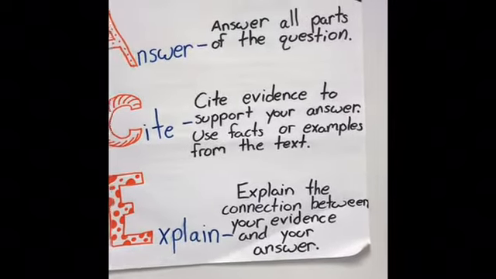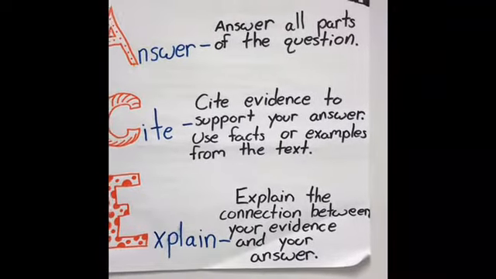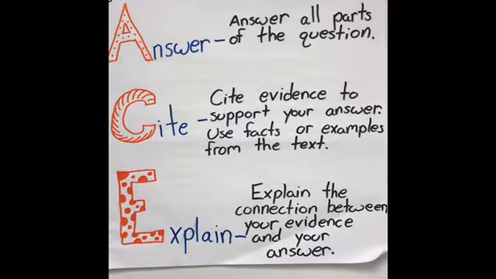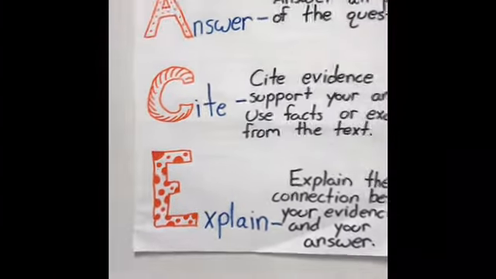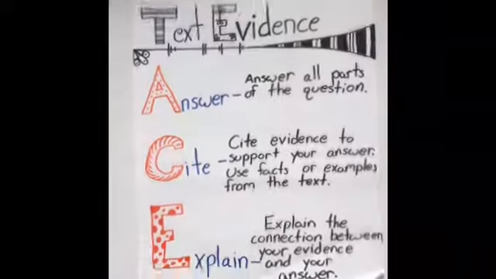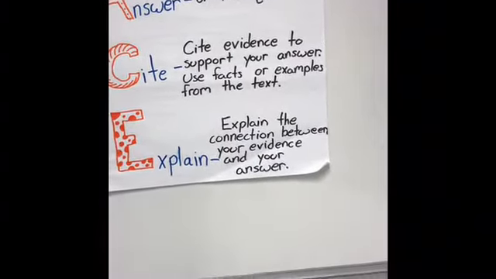Here we'll find the ACE method, answer, cite, and explain. Answer all parts of the question. Remember that our worksheet has already given us the answer, so we really just need to focus on cite and explain. So we are going to have to find evidence that supports the answer that we've already been given.